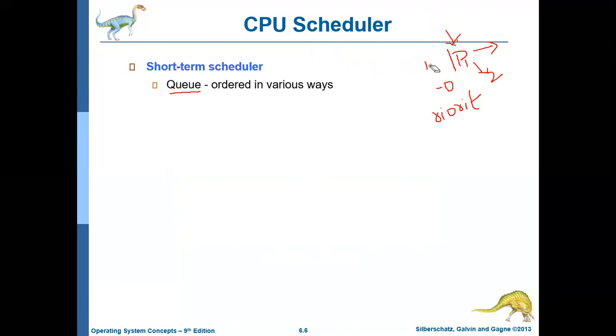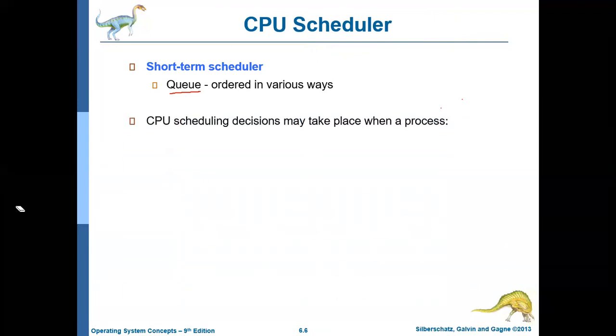And then we'll be discussing when the CPU will context switch. So we are discussing CPU scheduling. The CPU will perform context switch under 4 situations.